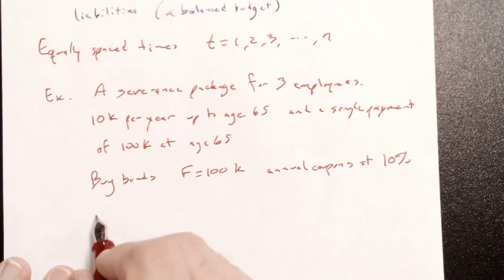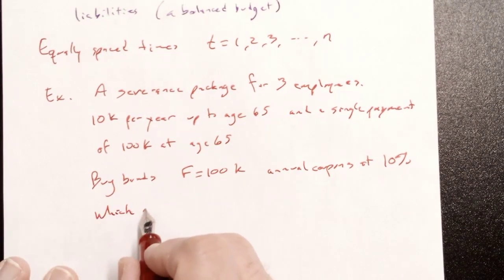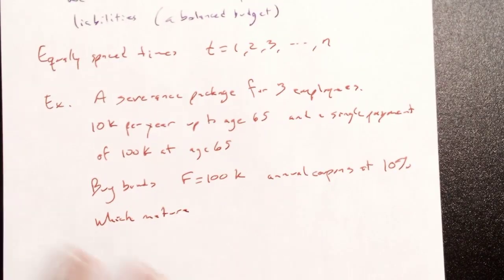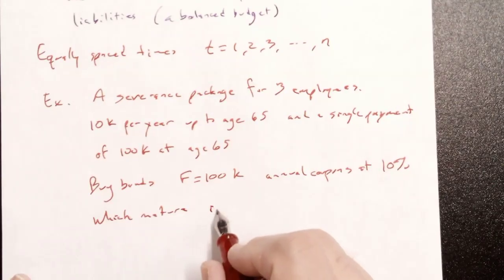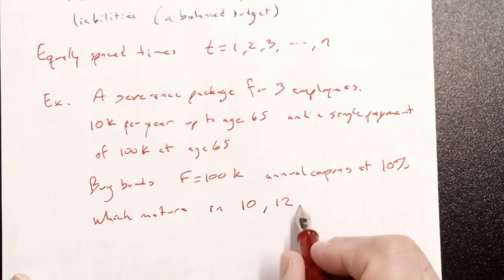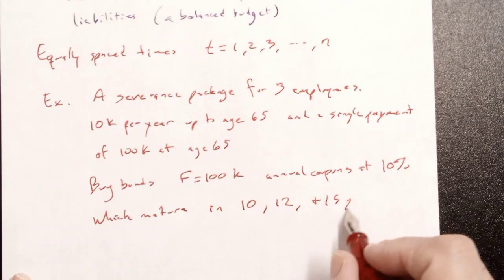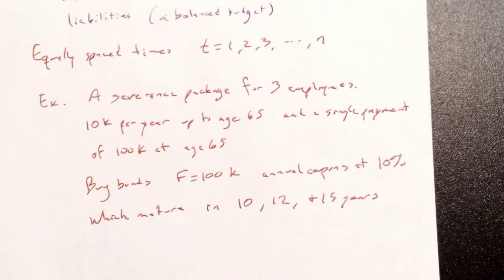which mature based on the ages of the employees. So it turns out one of the employees is 55, one is 53, and one is 50. So I need something to mature in 10 years, 12 years, and 15 years. The one that matures in 10 years will pay the employee who's 55 right now his $100,000 when he turns 65. The one who's 53 will get her payment.